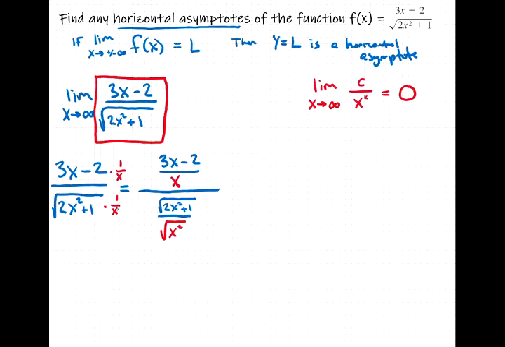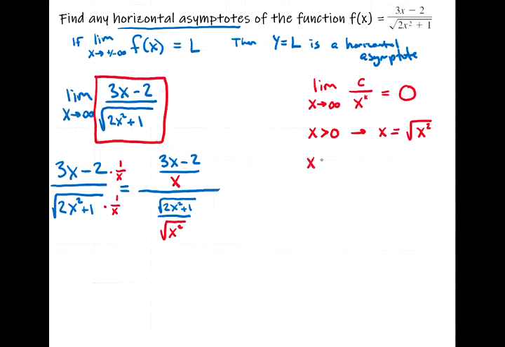We should note that if x is a positive number, then x is equal to the square root of x squared. The square root and the square don't necessarily cancel each other out, only when x is a positive number.